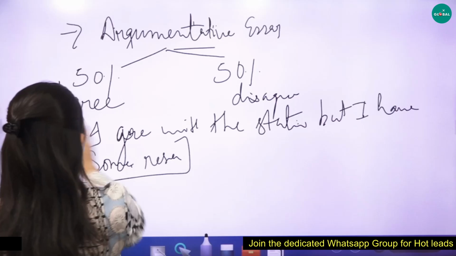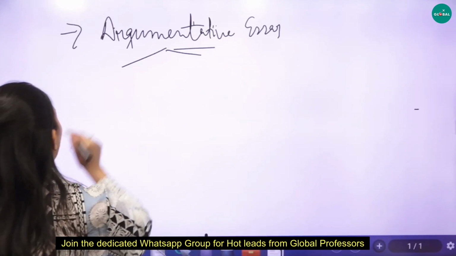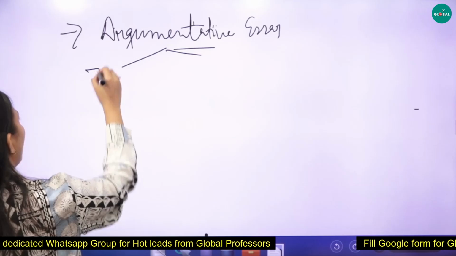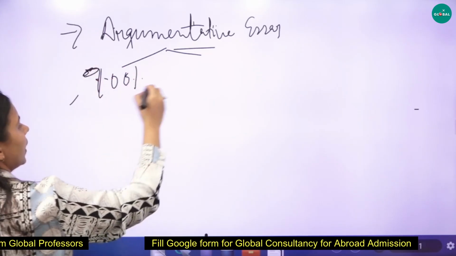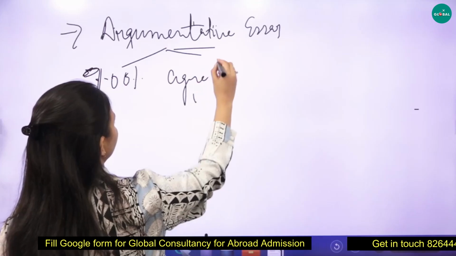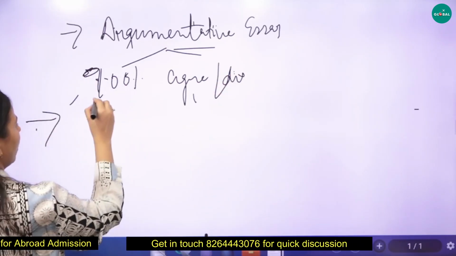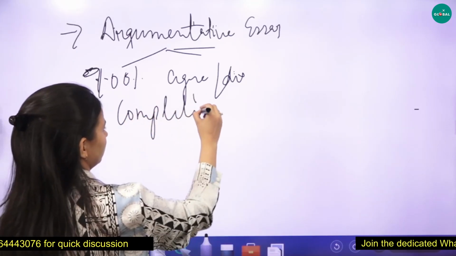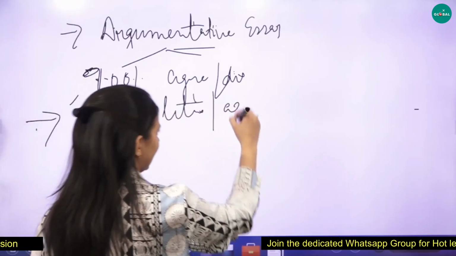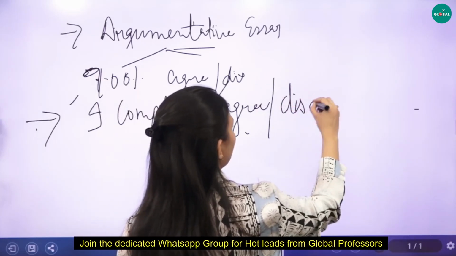Right? Let's suppose you are 100% agree or disagree. You have to simply write, I completely agree or disagree with the statement.